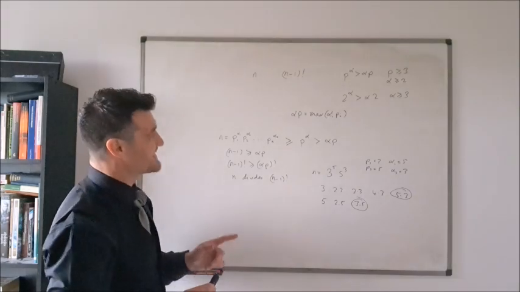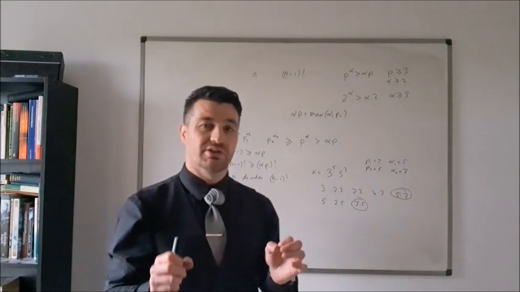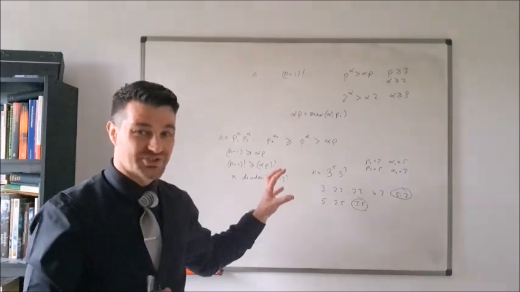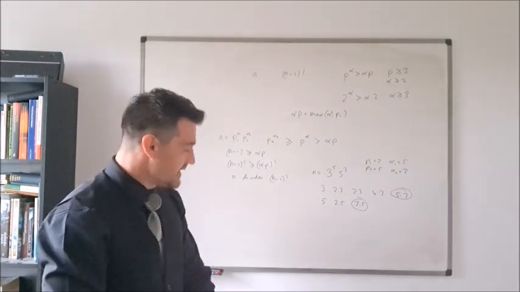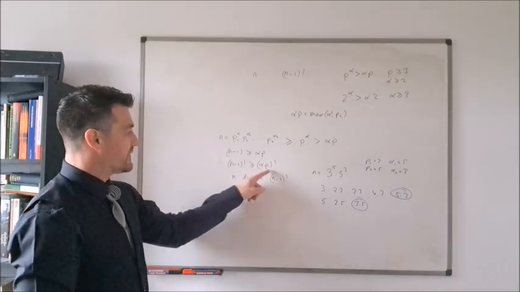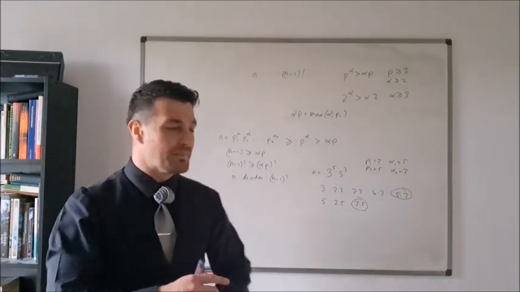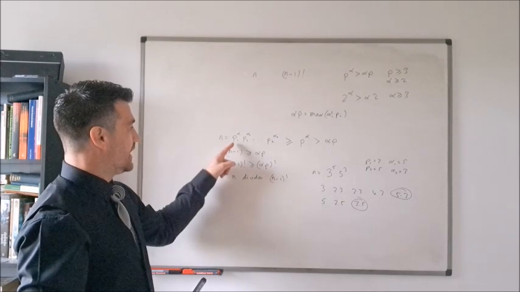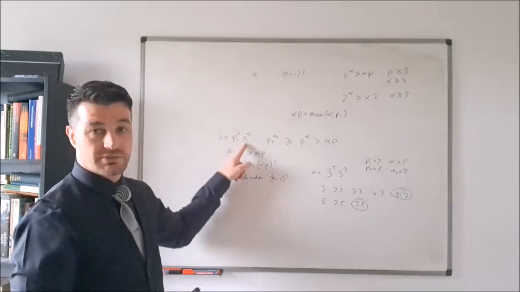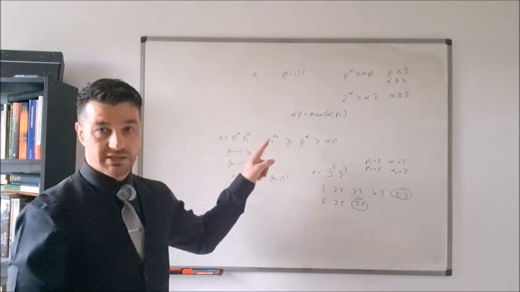I only realized this a few minutes after I'd finished writing up my first attempt at this solution. What it means is that in this factorial, there might not be enough factors of P1, there might not be enough factors of P2, there might not be enough factors of PK.